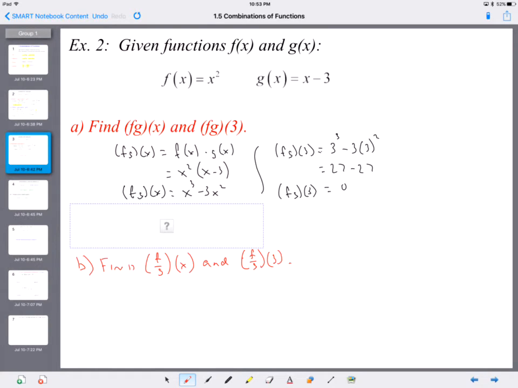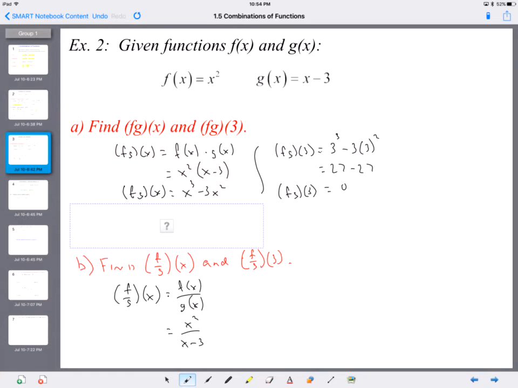So pretty much the same question I was asking, but with division now. And so with this, we know that f divided by g of x is just taking the f function and dividing by the g function. So what do we get? We have x squared divided by x minus 3.